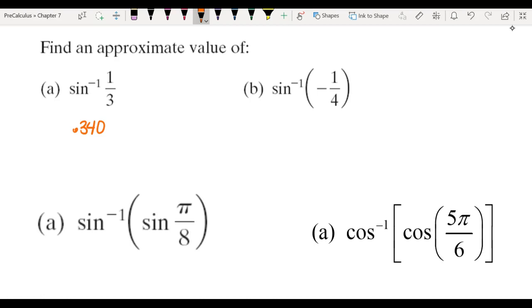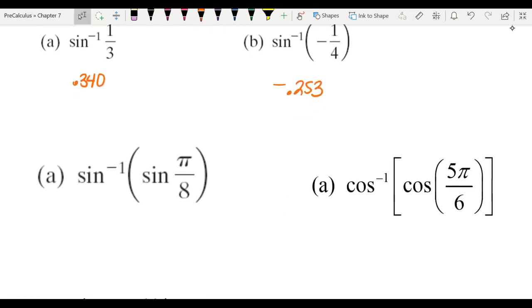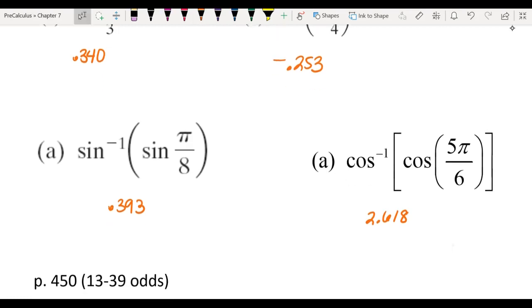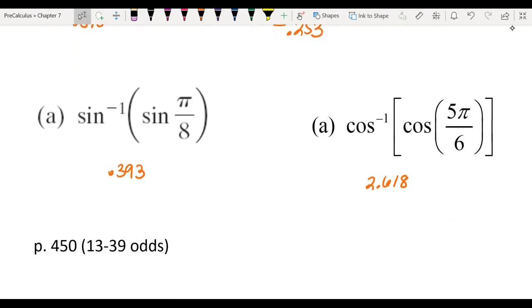The above stuff is kind of the pre-calc, knowing those angles and those graphs version. What did you guys get for the second one? What did we get for this one? 0.393. And this one? All right. Any questions?